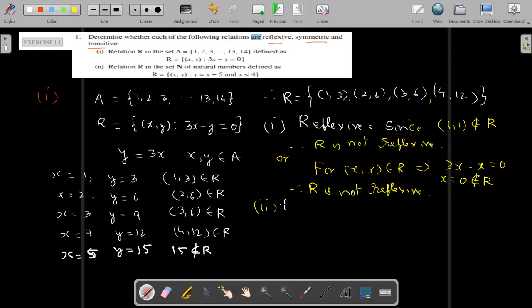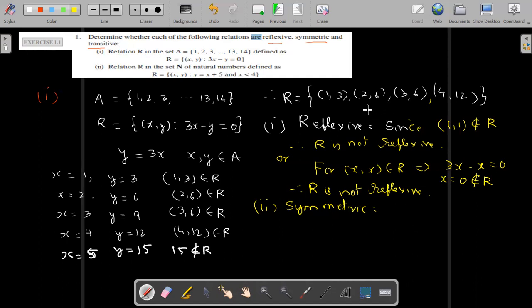Second thing is symmetry. For symmetry, let (x, y) belong to R; we have to show that (x, y) belongs to R implies that (y, x) belongs to R. Similarly, we can take an example. For symmetric, we can take one example: (1, 3) belongs to this and (3, 1) does not belong to this.